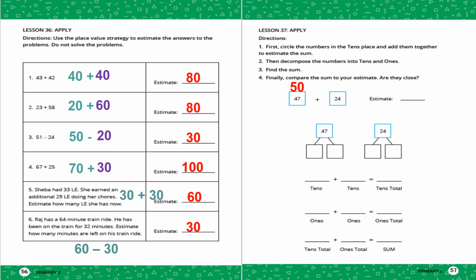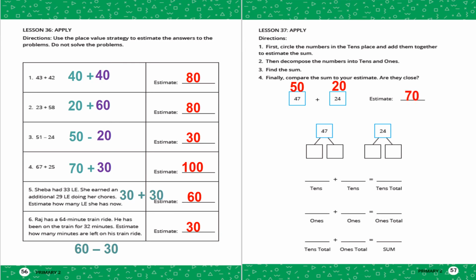Let's estimate 24. 24 between 20 and 30. Look at ones. Ones is 4. 4 less than 5. So we will stay in the same door. So 24, it will be 20. Let's add 50 plus 20. 50 plus 20 equals 70.